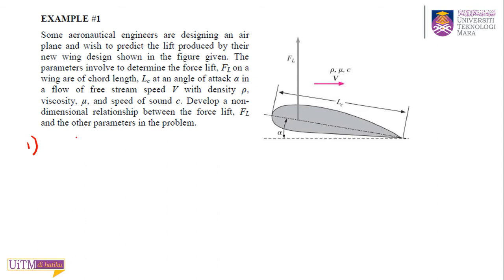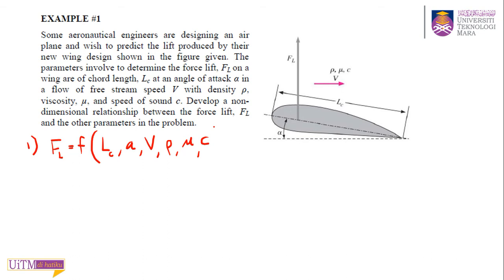They say the force lift is a function of, as it says here, the chord length, the length, at an angle of attack alpha, in a flow of free stream speed V, with density rho, viscosity mu, and speed of sound c.